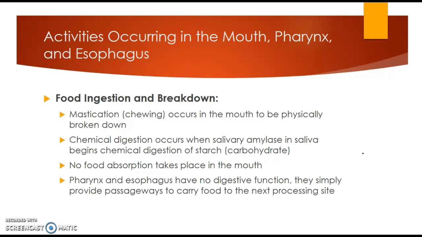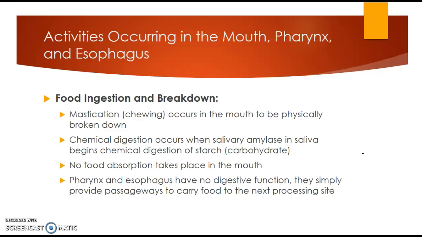Mastication is our chewing, and this is a great example of mechanical breakdown because you're physically breaking it down. We also have chemical digestion occurring in the mouth because you release this really cool enzyme in your saliva called salivary amylase, which helps break down carbohydrates.